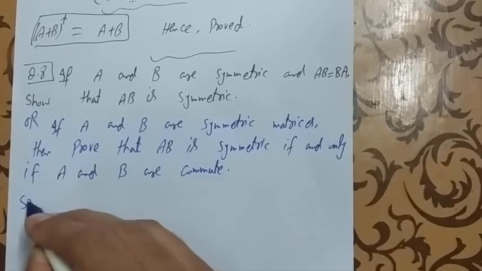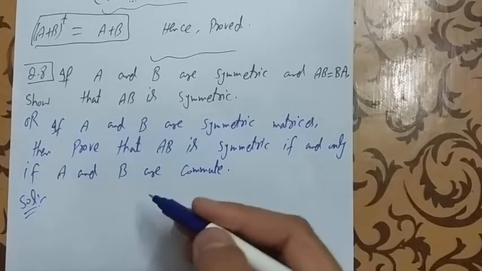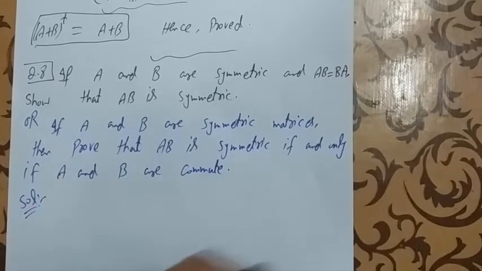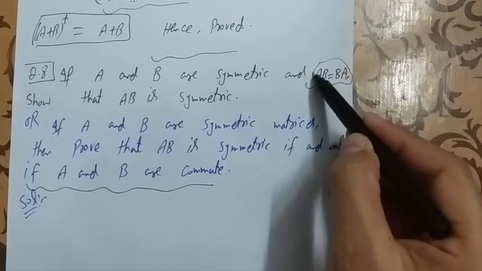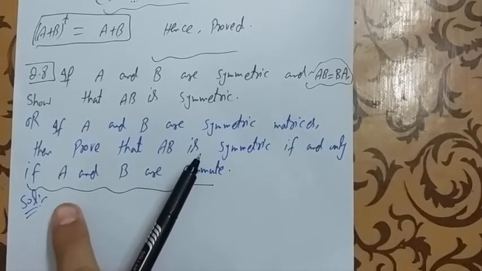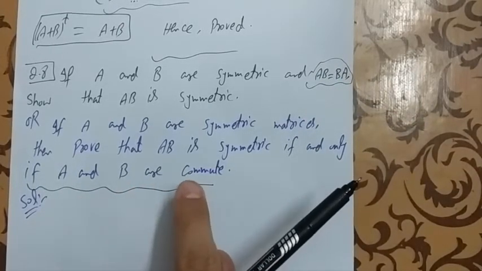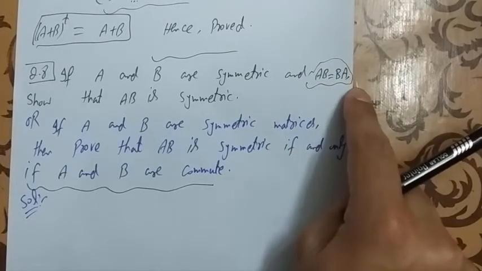Students, there is only one difference in these two statements. If we say A and B commute, then we can write AB is equal to BA.